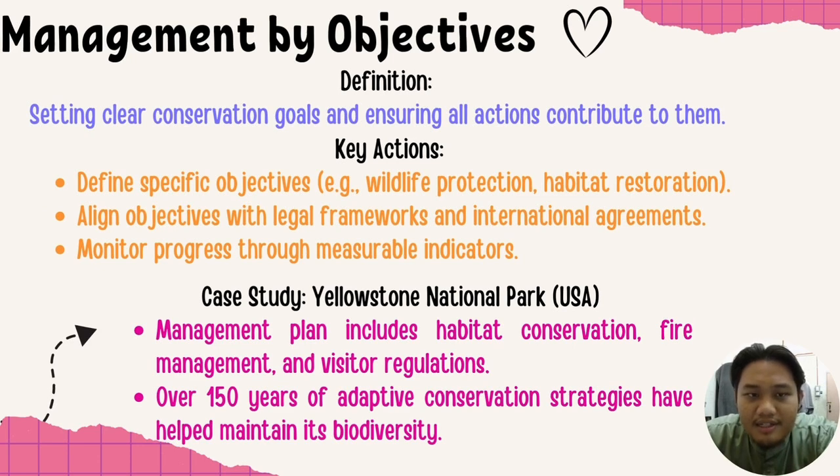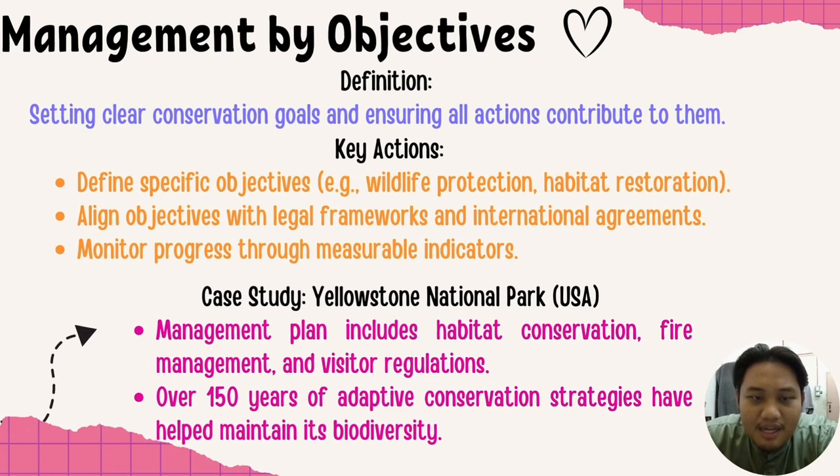The key actions are: define specific objectives like wildlife protection and habitat restoration, align objectives with legal frameworks and international agreements, and monitor progress through measurable indicators.